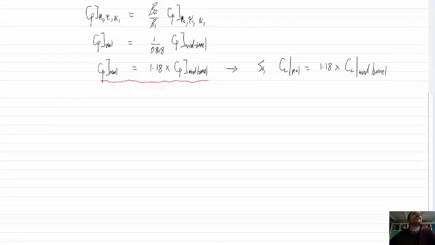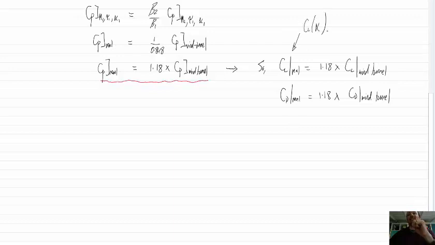And similarly CD real would be 1.18 times the CD in the wind tunnel. Now, this is assuming the wing is exactly the same shape, size, and for a given angle of attack. So really, to be very thorough here, what I should say is that the CL as a function of alpha on the real wing is going to be 1.18 times the CL as a function of the same alpha in the wind tunnel.